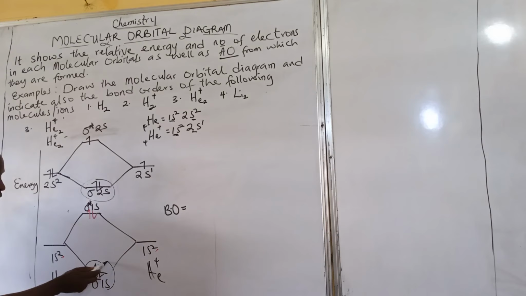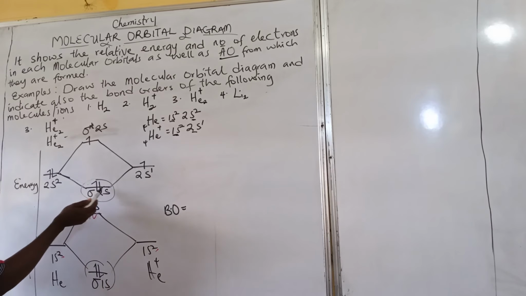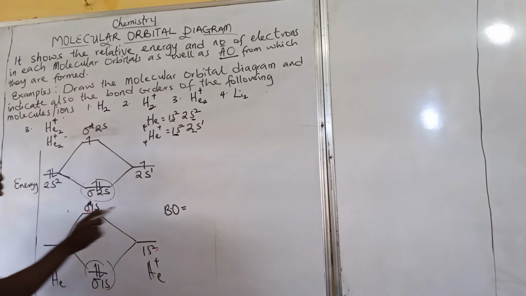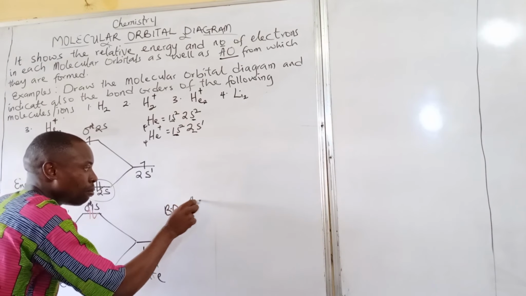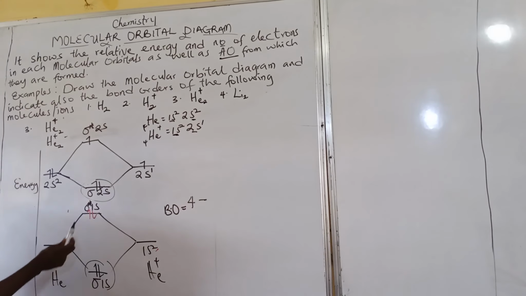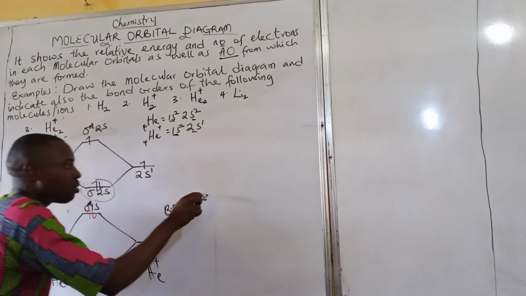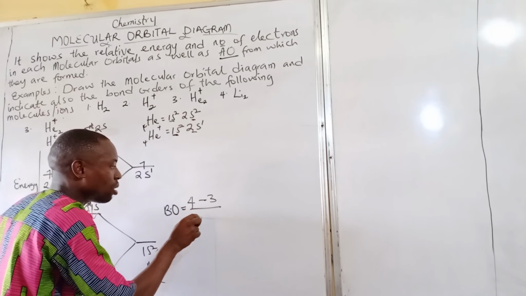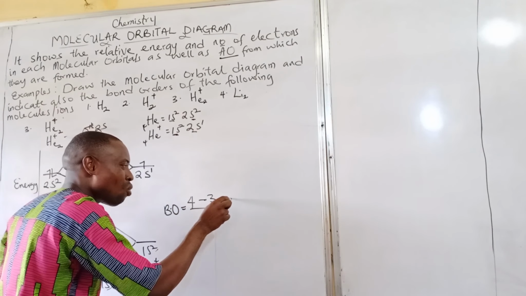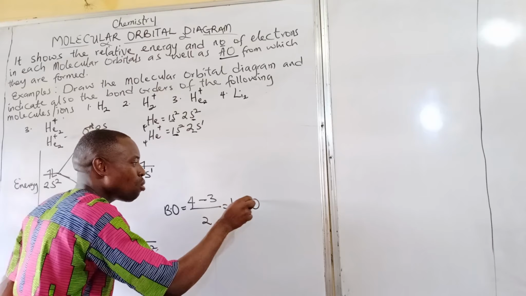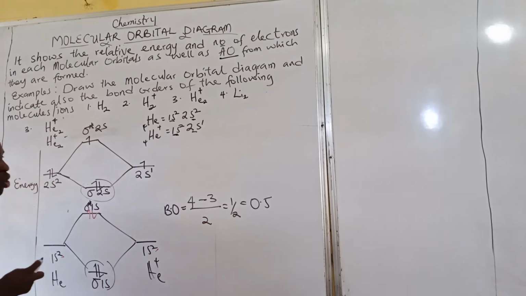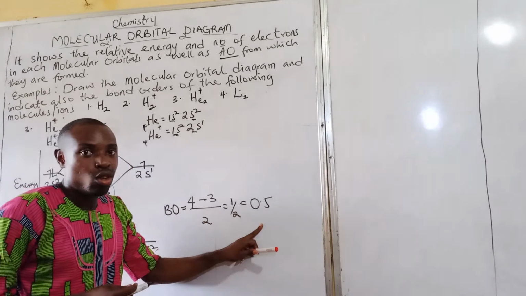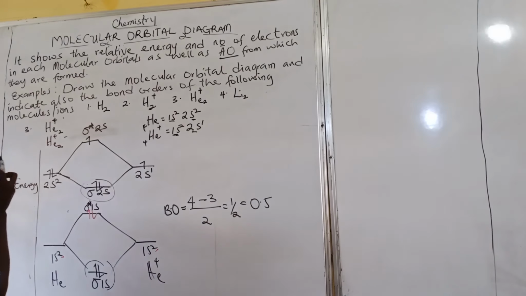Is here not for the bonding? So count 1, 2, 3, 4. That's for the bonding. So here is 4 minus the antibonding, which is 1, 2, 3. So here is 3 over 2. Here will give me 1 over 2, which is equal to 0.5. So it shows that there's a weak bond too.